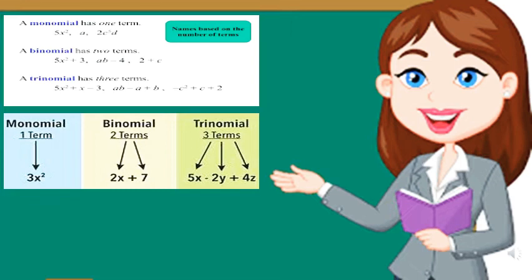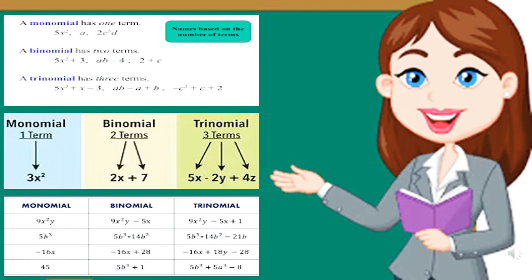You can see here, it is a monomial. 3x squared is a monomial because it is having only one term. 2x plus 7 is a binomial because it has two terms. And then 5x minus 2y plus 4z is a trinomial because it has three terms. So hope it is clear to you all. Monomial will have only one term. Binomial will have two terms where the terms are connected using a minus sign or plus sign.